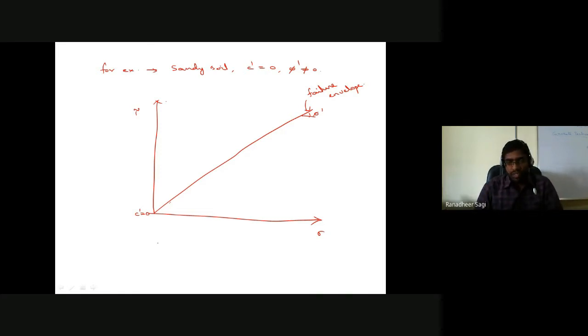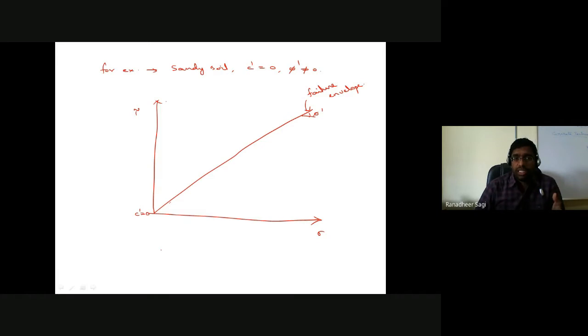Now, let's say the retaining structure is at rest condition. That means the state of stress existing in that particular soil is what we call the at rest earth pressure. I repeat, the earth pressure we are looking at in this condition is what we call the at rest earth pressure. When I say at rest earth pressure, how do I calculate sigma H dash from my known sigma V dash?